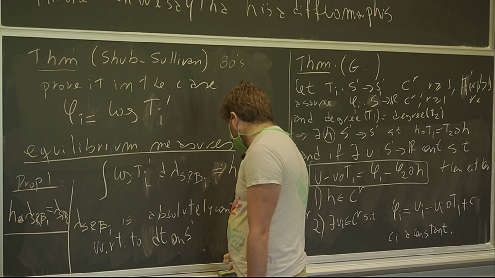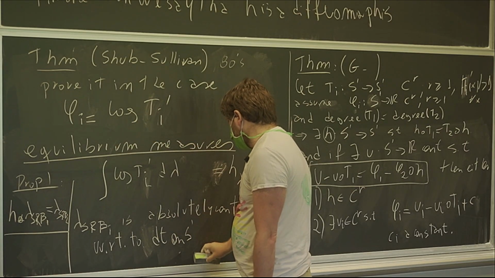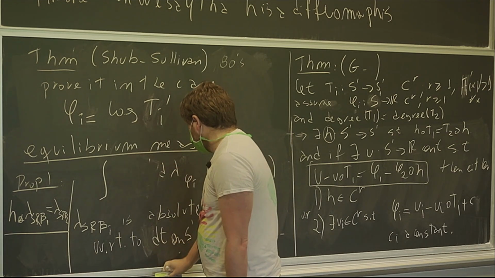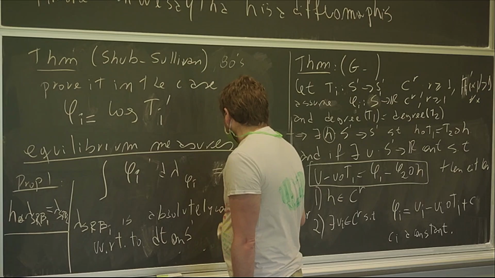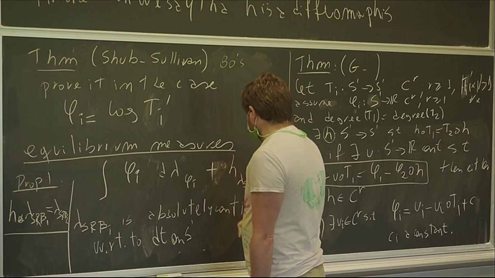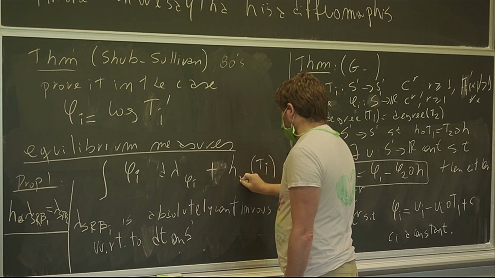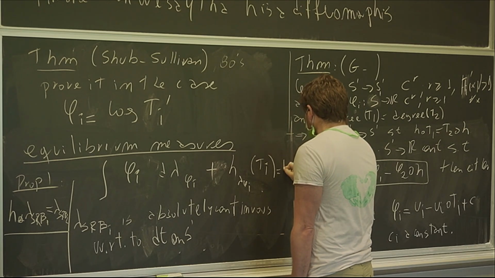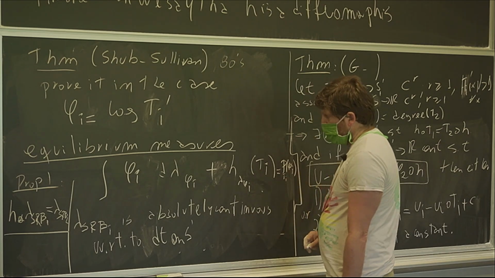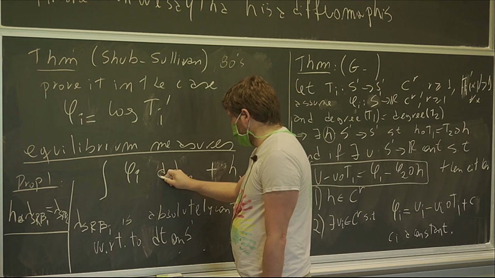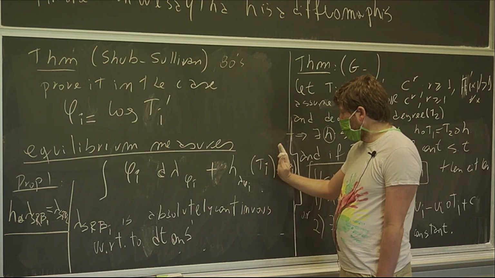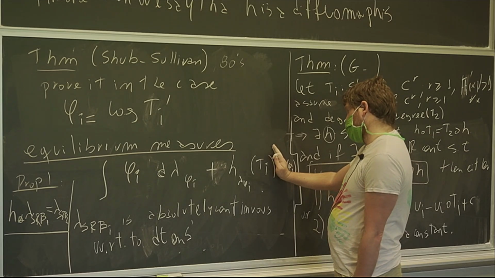Because if you try to do the very same proof with a different potential, you still will have some functions phi I. So then it is not true that... there is something called the pressure of the function, and this measure will maximize this left-hand side formula.